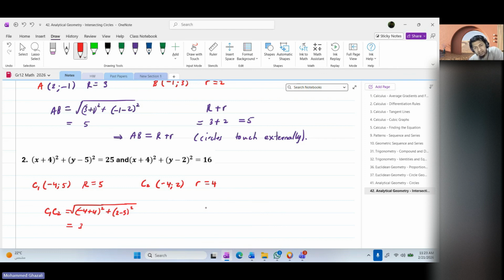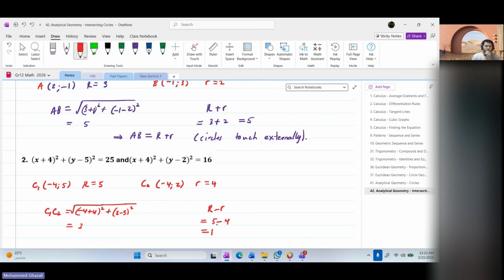And now I want to find R minus r, because I have a nice exact value. So that's 5 minus 4, which is equal to 1.